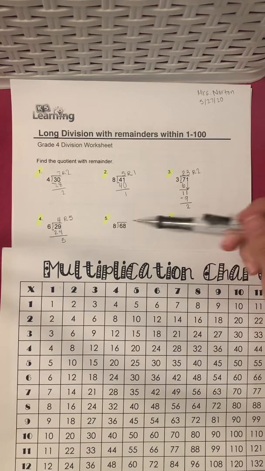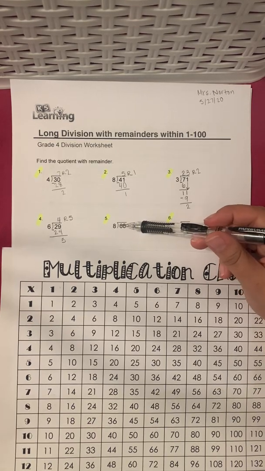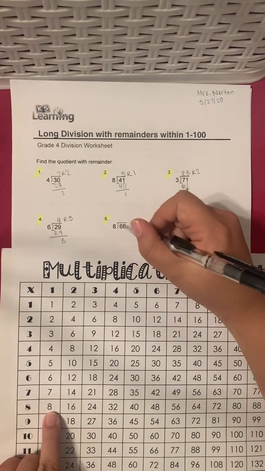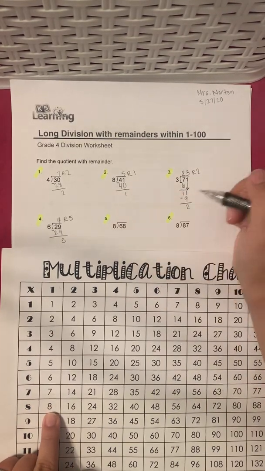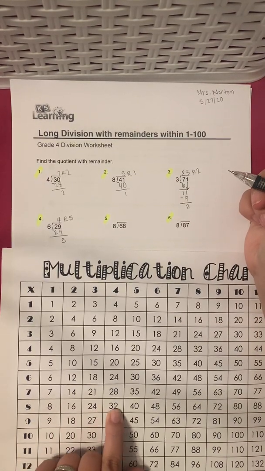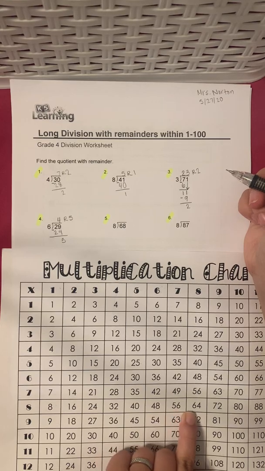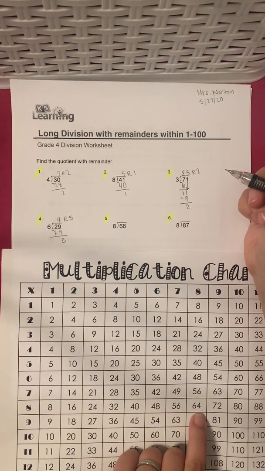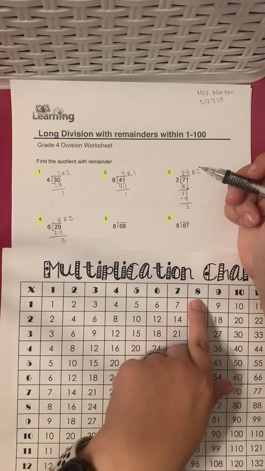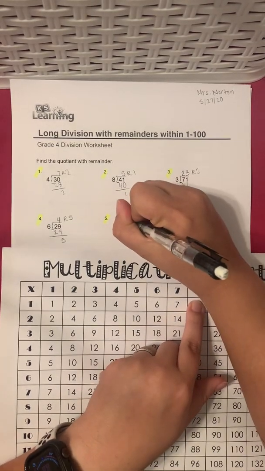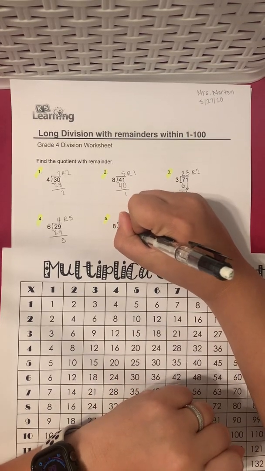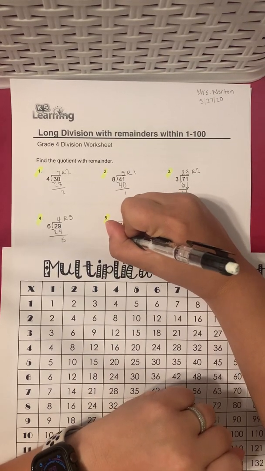68 divided by 8. So first we're going to see if 8 goes into 6. Nope, 8 is larger, so we're going to see how many times 8 goes into 68. So we go across our multiplication chart, find a number as close to 68 as possible without going over. We found 64. We go straight up to figure out what number we multiply times 8. It's 8. So we write 8 at the top because 8 times 8 equals 64 according to our multiplication chart.